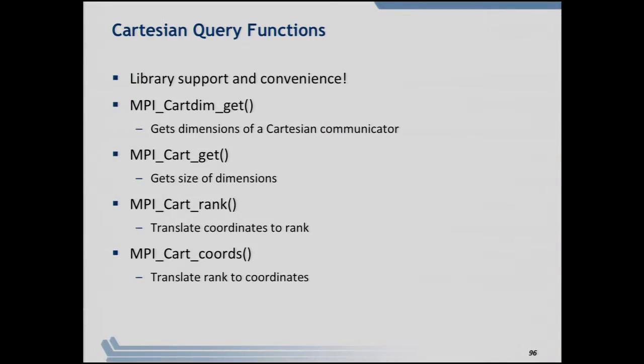That's one, and there are other convenience functions. So yeah, this is not a convenience, this is a query function. The convenience functions will come later. So suppose you're given a communicator with a topology attached to it, how do you know how many dimensions there were? This is more useful for libraries, I would say, because the user passes the communicator to the library.